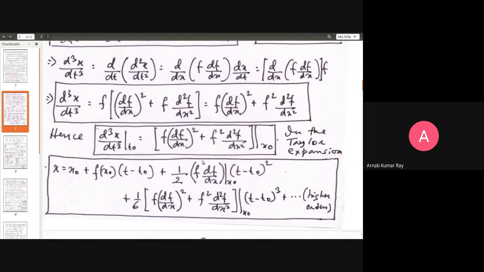But I hope that I have at least conveyed the principle of how you convert the derivatives of x as they change with t to the autonomous form of derivatives of f as they change with x, right? So you can do it for any orders if you want to. The only problem is that the algebraic work will become pages and pages long as you go to higher and higher orders. So 3rd order is enough for us.